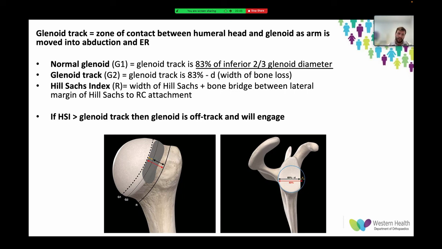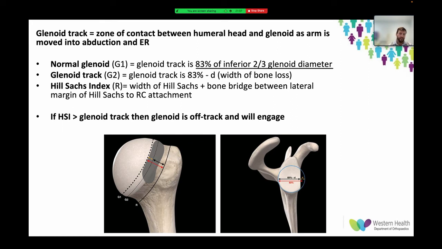But basically what you're doing is they figured out that you can measure the width of the glenoid, and that's big D. If you then multiply that by 0.83, that will then give you an estimate of the contact track on the humeral head.